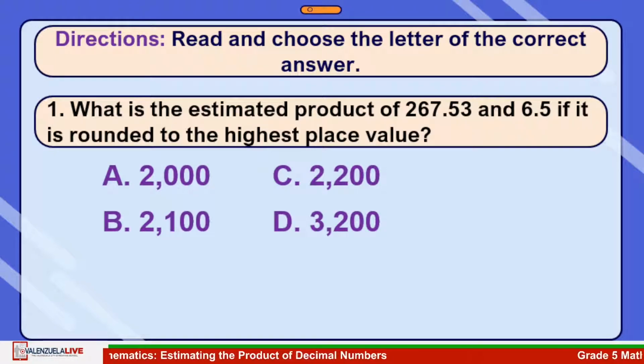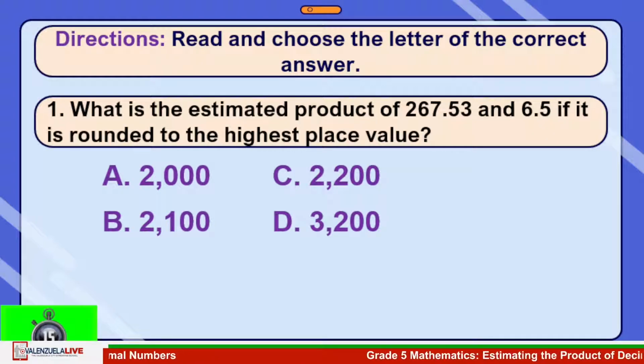Is it A, 2,000, B, 2,100, C, 2,200, or letter D, 3,200? You will have 15 seconds to answer, and you can use the comment section to type your answer. And your time starts now.